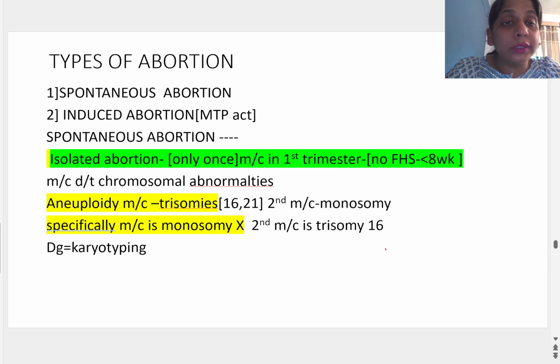The second most common defect is monosomy. Individually, trisomy 16 is the second most common, and monosomy X is the first most common.